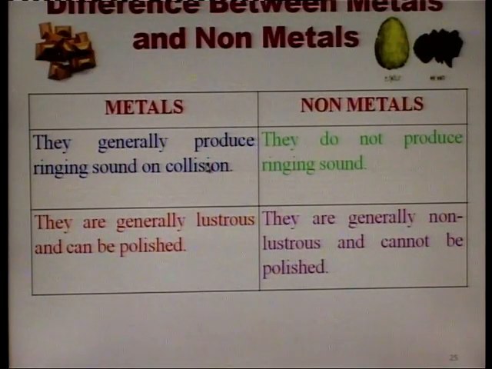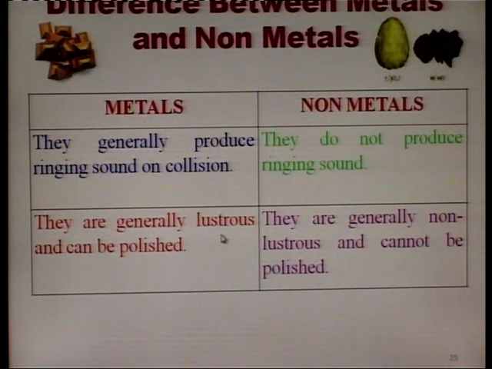Metals produce ringing sound on collision. Non-metals do not produce ringing sound.